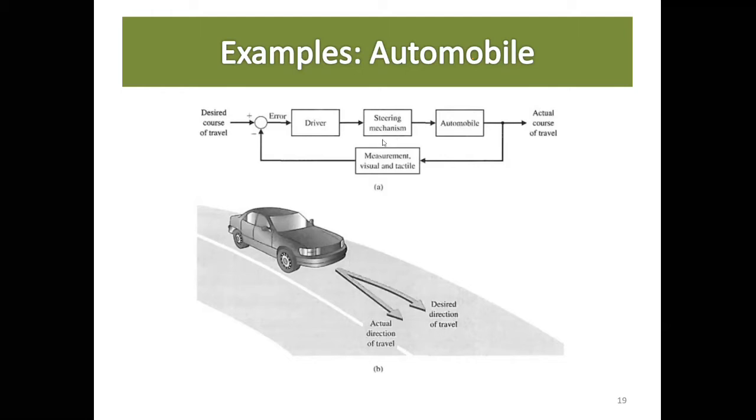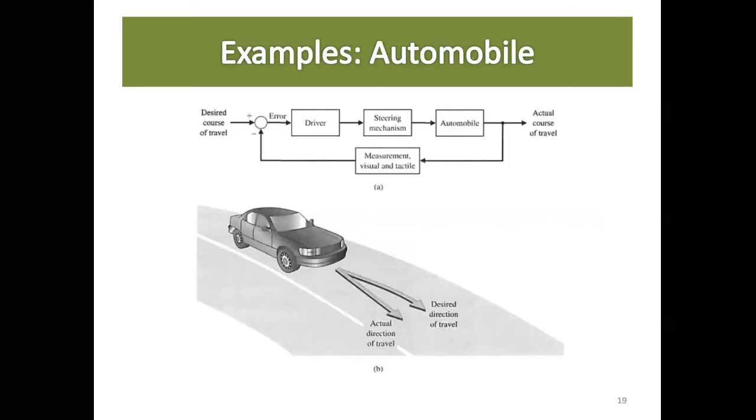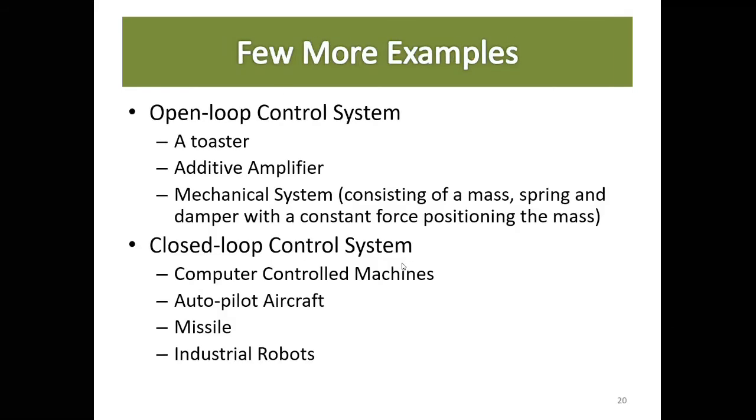Actually, the driver will measure visually. He is observing. If there is any dog or anything else, then he will stop or move around. So the automobile system is another example of a closed loop control system. See, here are some examples. Just look at them.